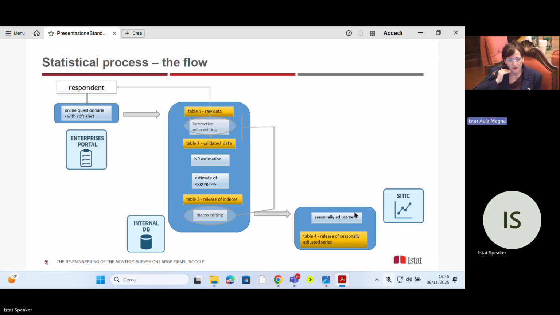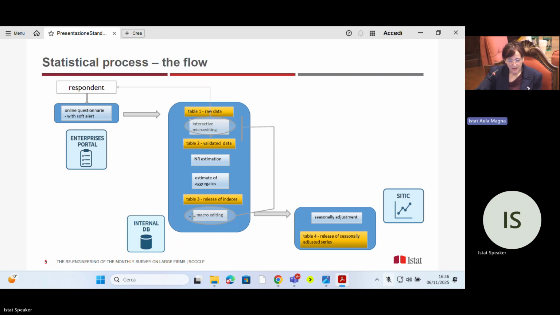We go from the raw data to the validated data with the core interactive micro-editing. This, at least, as it was for a very long period. Once we have the validated data, we have the non-respondent estimation, then estimates of aggregates, we release the indexes, on which we run the macro editing.